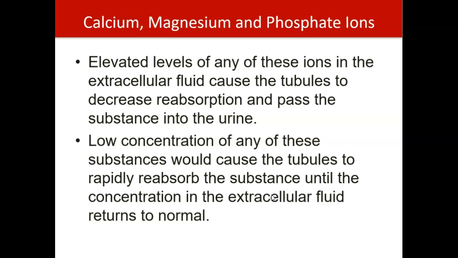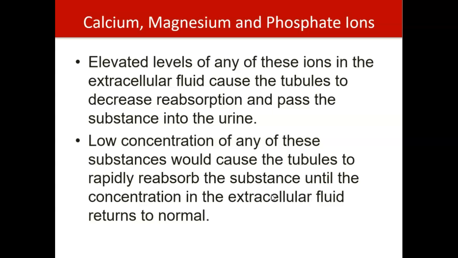But elevated levels of any of these in the extracellular fluid are going to cause the tubules to decrease reabsorption. So these are not going to be reabsorbed during the tubular reabsorption phase, and they're going to pass out into the urine.